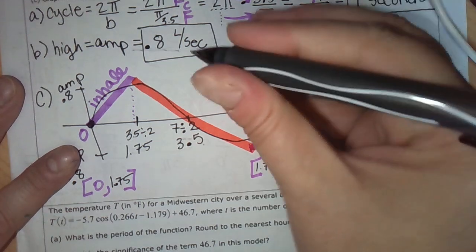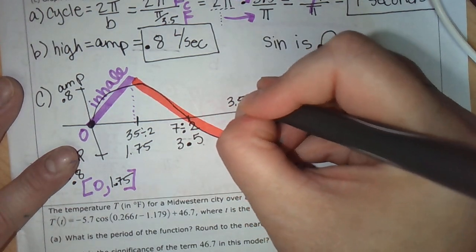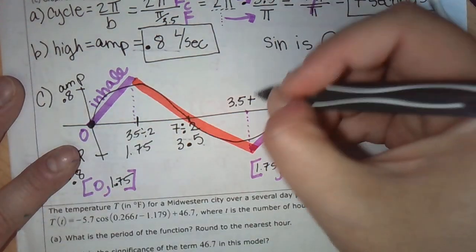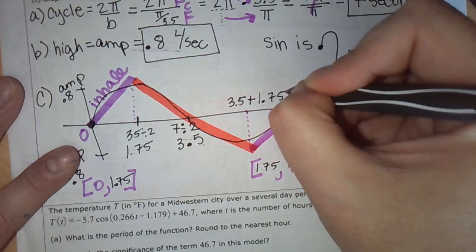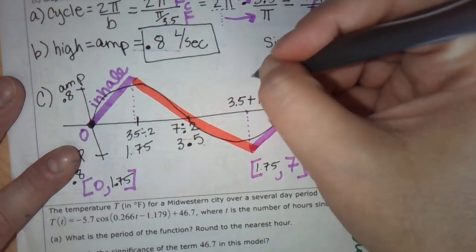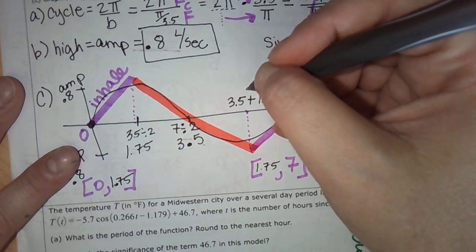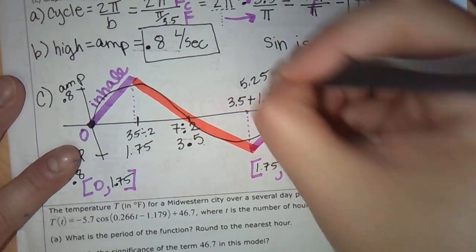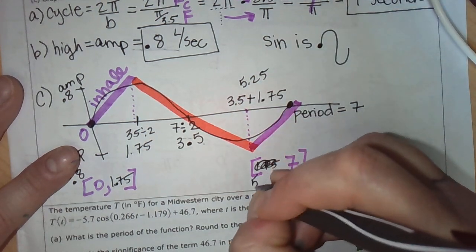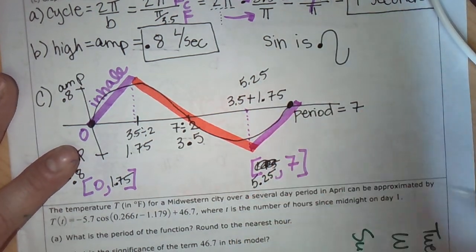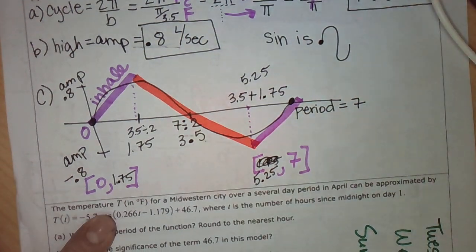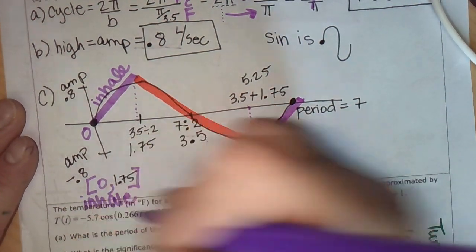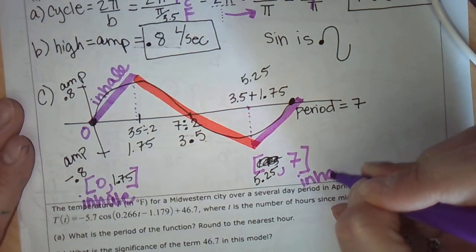I kind of have to get tricky, and I have to say 3.5 plus a fourth of this is 1.75, and that makes 5.25. Oops. So this is supposed to be 5.25. So we inhale at 2 different intervals.